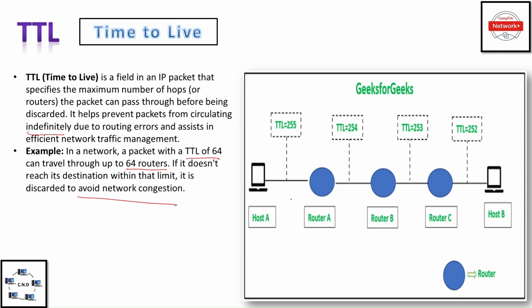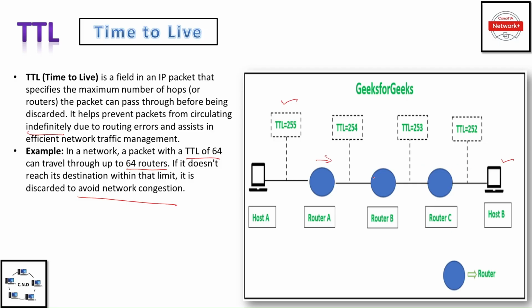Let's suppose host A wants to reach host B, and there are multiple routers across the path, and let's suppose the TTL is set to 255. Each time the packet passes through a router, the TTL is reduced by 1. So when it passes through the first router, it is 254, then 253, then 252, and eventually it reaches the destination.